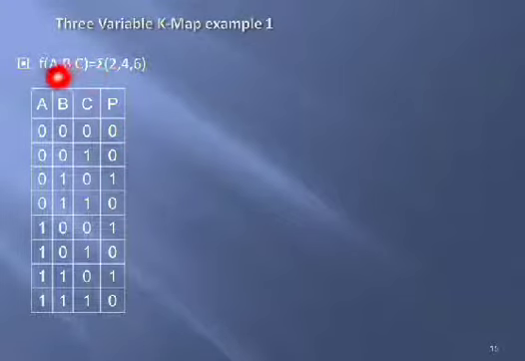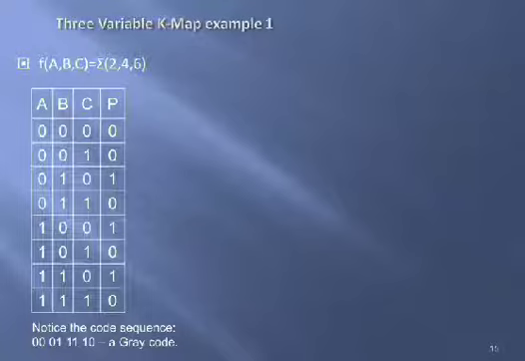That's why you are writing f of a, b, c is equal to summation m2, m4, m6. For this we need to draw its corresponding K map, and then do the simplification. So notice the code sequence as 0 0, 0 1, 1 1 and 1 0, again as we have discussed earlier.